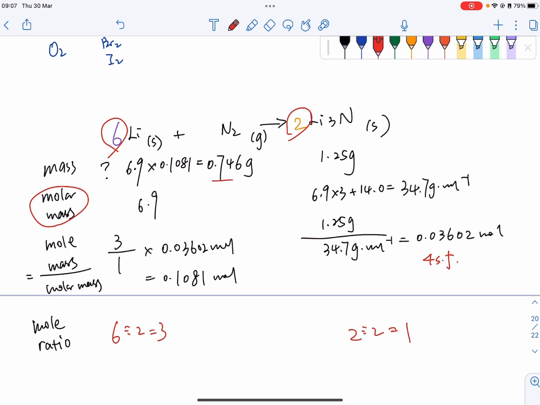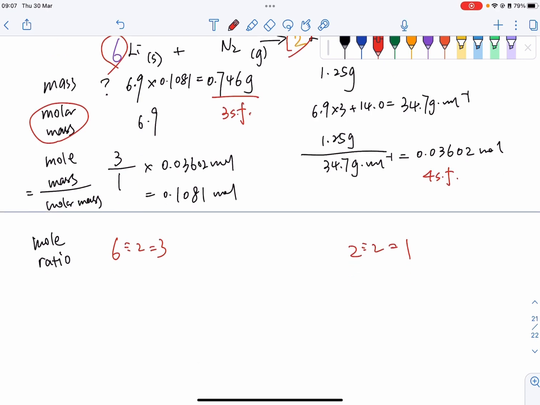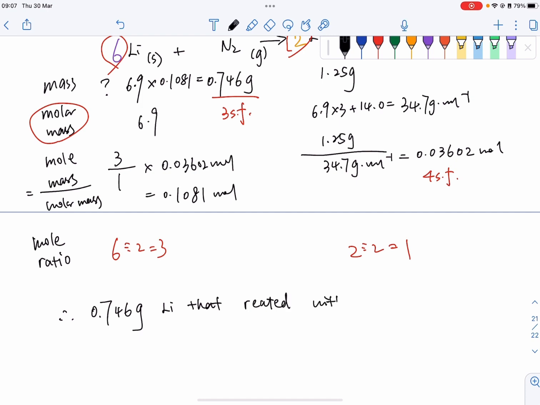Because this one is the final answer, I will put it at 3 significant figures. So eventually, we have 0.746 gram of lithium that reacts with nitrogen, right?